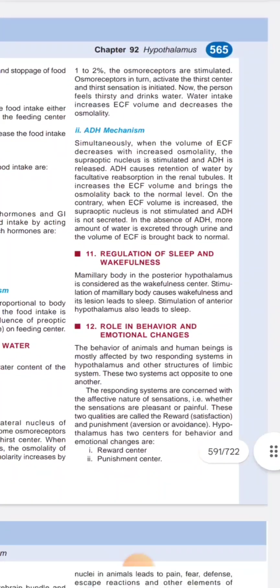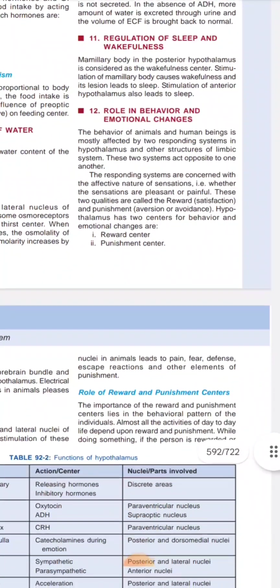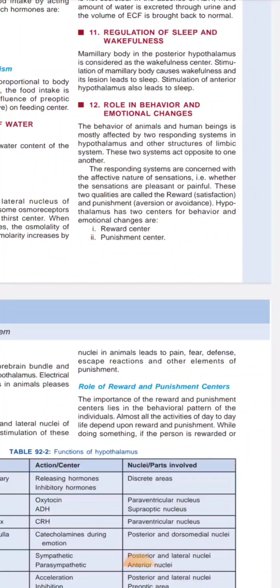Next, regulation of sleep and wakefulness. So hypothalamus, because of its connection to reticular formation, also regulates wakefulness and sleepiness. Next, role in behavior and emotional changes. So hypothalamus regulates different emotional states like anxiety.